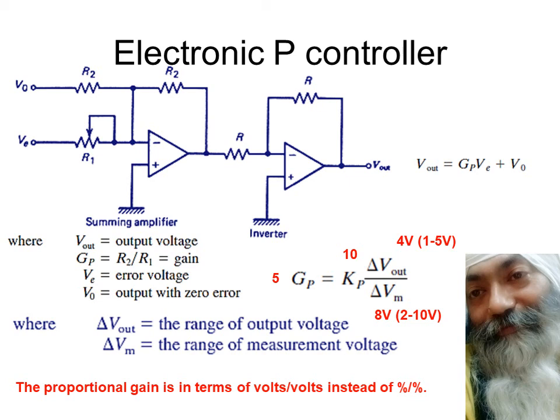So this is the catch which is very important. That's why I have devoted so much time and attention and discussed this P controller with this focus in mind. That is how you realize a proportional controller making use of two op amps as shown in the figure in simple summing mode. Friends, this was about P controller.